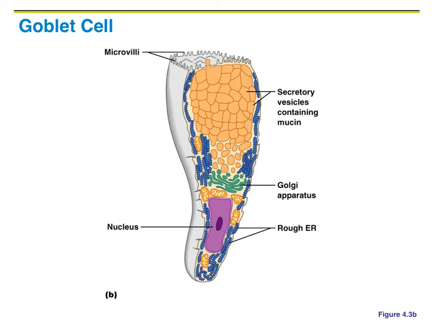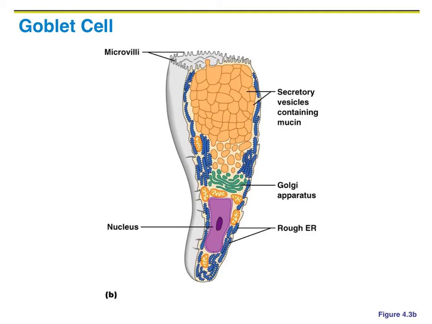In this slide, you see a goblet cell. A goblet cell is a unicellular exocrine gland, typically found in simple columnar and pseudostratified columnar epithelia. The goblet cell looks like a cup or a goblet. It contains many vesicles of mucin.